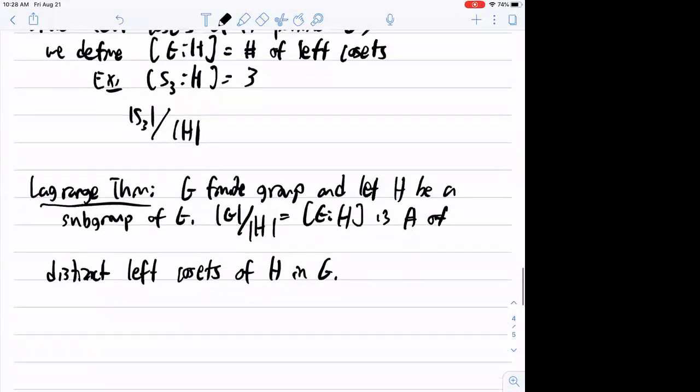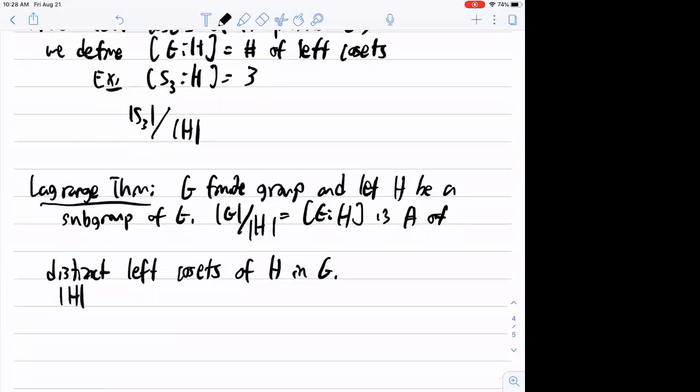It means in particular that the order of H divides the order of G, right? So this is Lagrange's theorem.